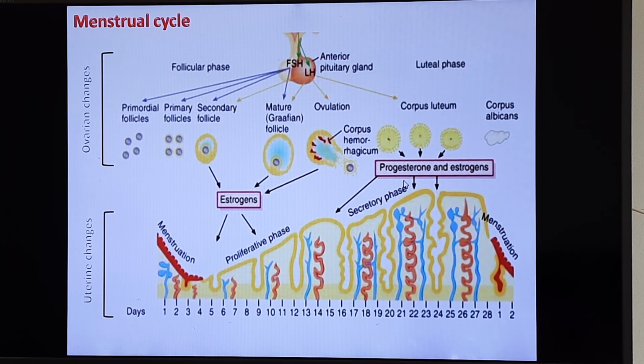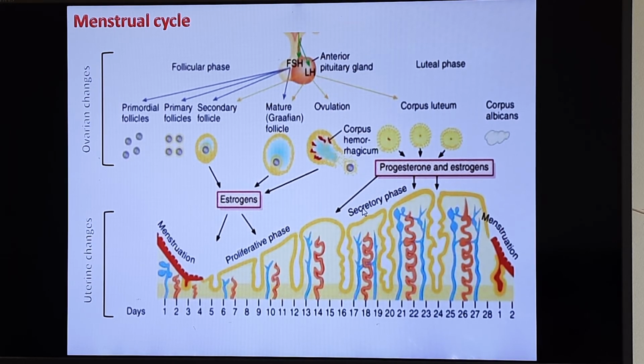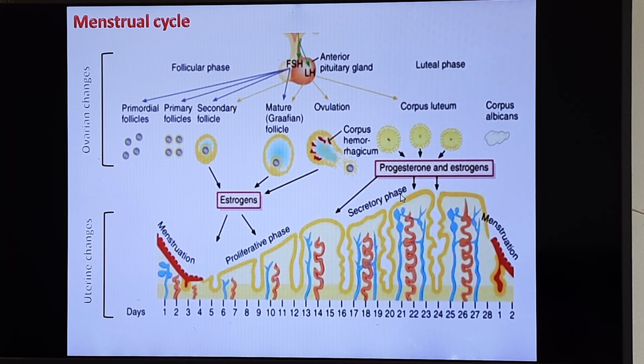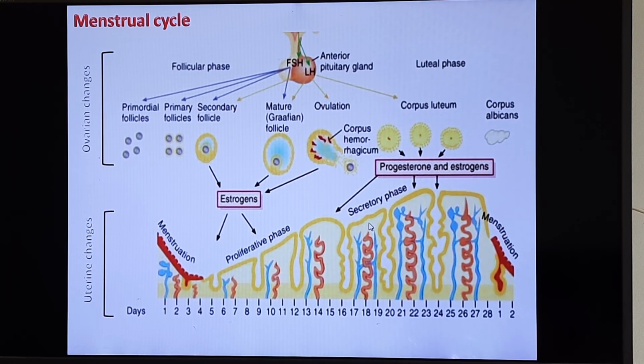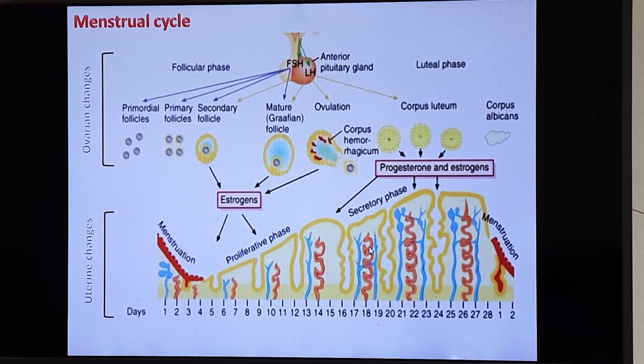Under the influence of progesterone, the endometrium in the uterus maintains its growth, size and thickness. These are the uterine changes: the endometrium grows, and it is well glandular, well coiled, and vascular, the number of vessels is increased.